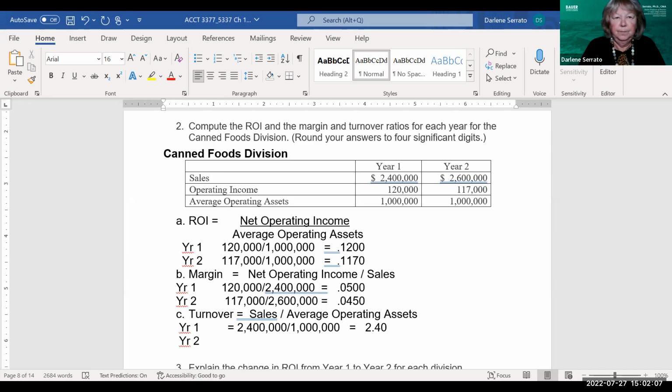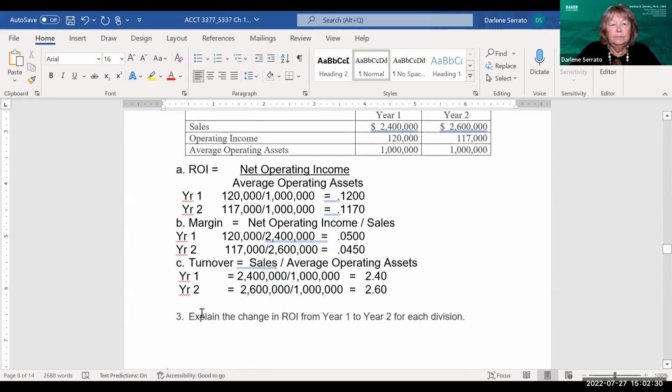Year two for can division, 2,006,000 is the sales divided by the 1 million equals 2.60. Okay.